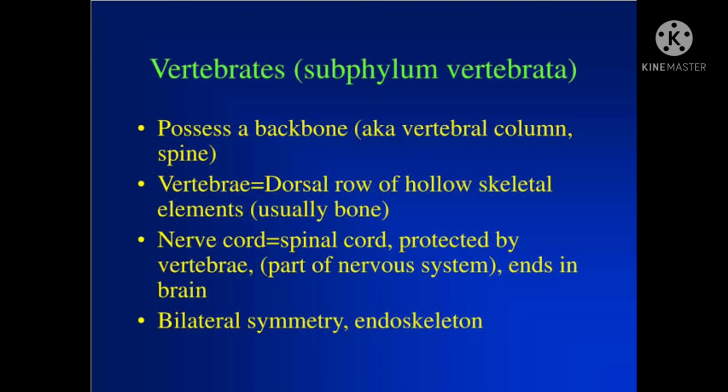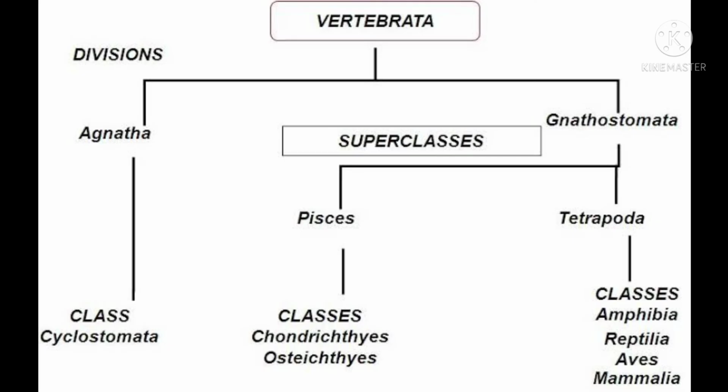All chordates have common features such as notochord, dorsal nerve cord, triploblastic body, paired gill pouches and coelom. They are further divided into 6 classes: class Cyclostomata, class Pisces, class Amphibia, class Reptilia, class Aves, class Mammalia.